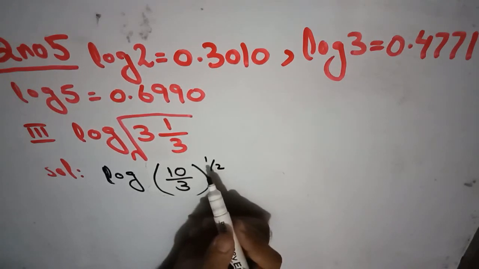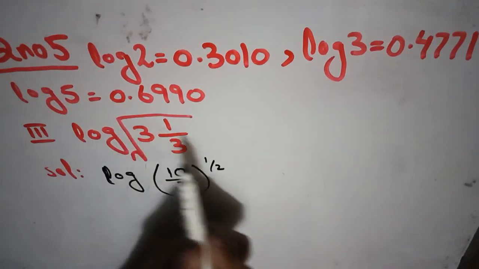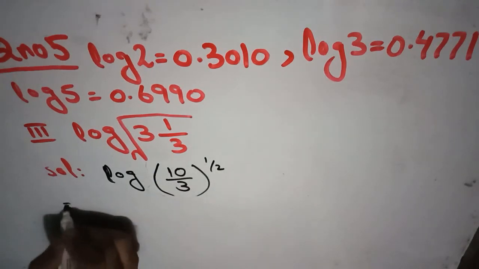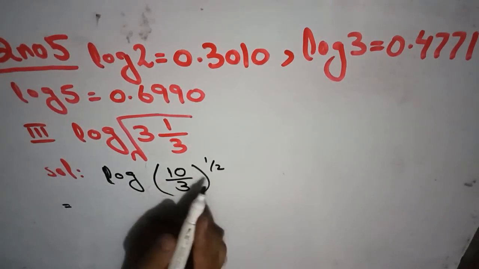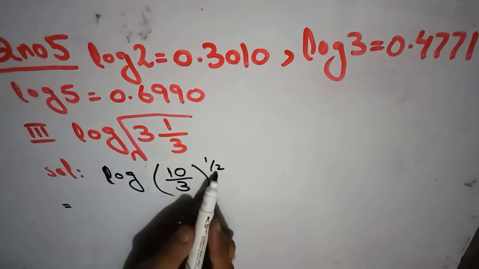Here I have just written the radical form into the exponential form. Now I am using the property of the log. The property of the log is that the power will come before the log.